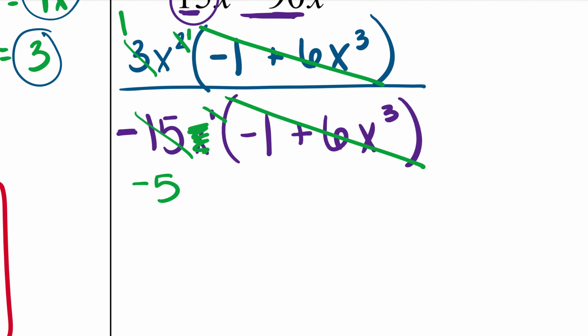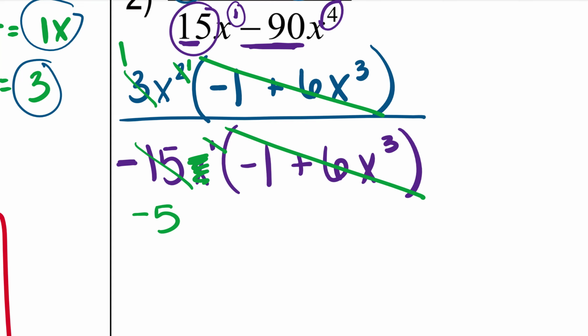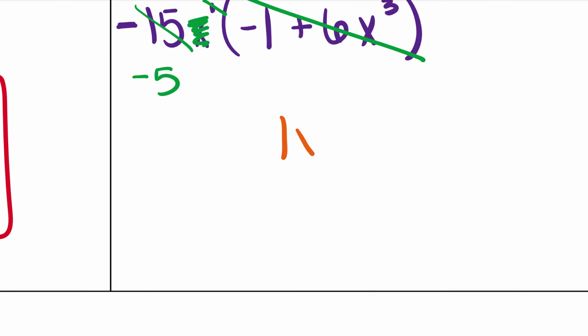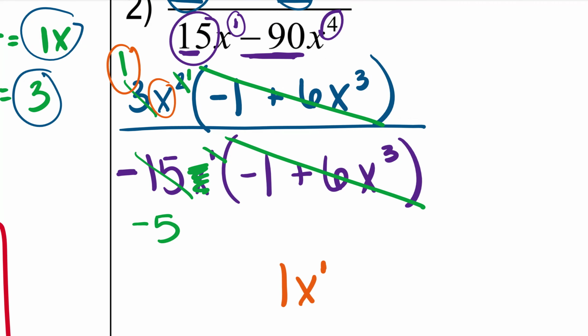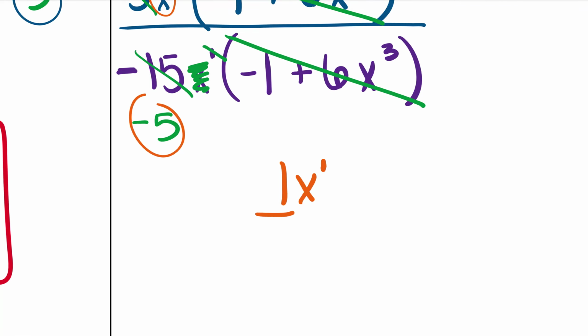So I write whatever's left. On top, I have 1 and then x to the first power. So let's write 1x to the first power. And on the bottom, I have negative 5, and we got rid of the x. So I have negative 5 with no x.